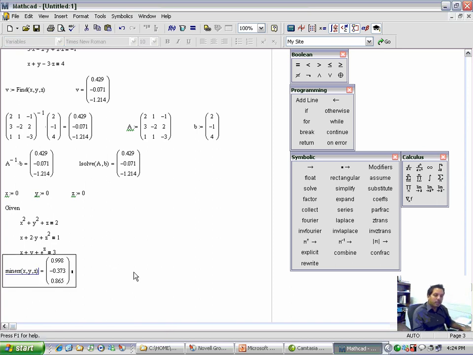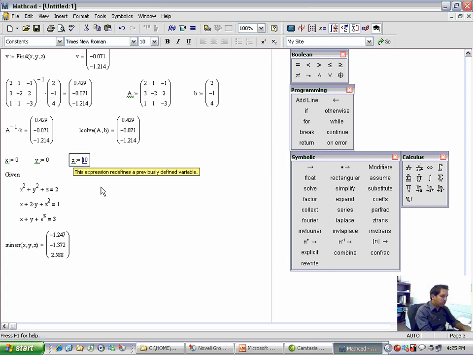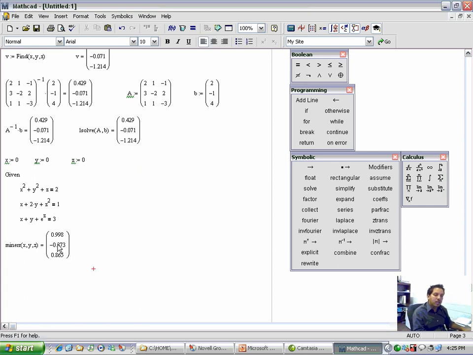And what do we get? We get this set of x, y, and z solutions. This is a combination of x, y, z that minimizes the error on all these 3 equations simultaneously. Now, because this is a nonlinear system, there's a possibility that if I change the initial guess, I get a different result. As you can see, if my initial guess was 0 on z, I got 0.998, minus 0.373.